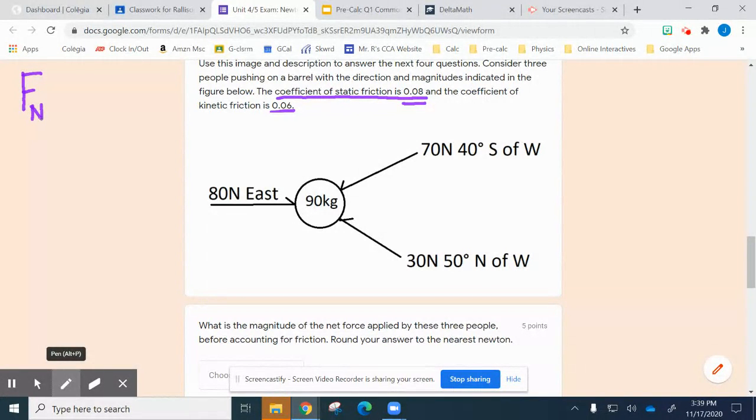Well, in this case, it's going to be the force of gravity on it. Now, if it's a ramp problem, that's different because you have to include the angle of the ramp in it. But in this case, it's simply going to be the mass times the acceleration due to gravity.